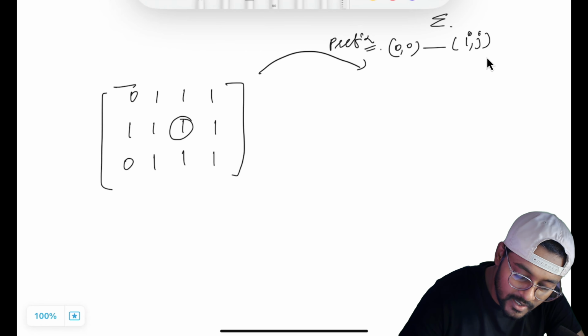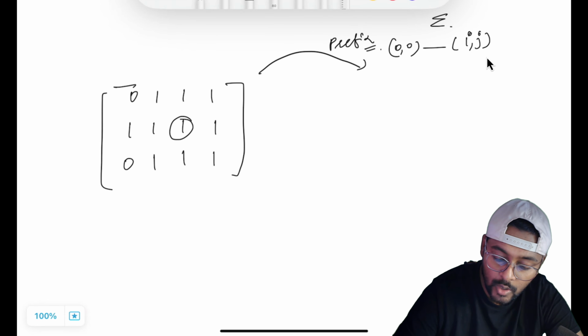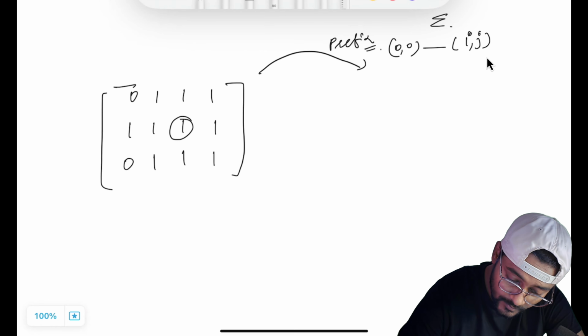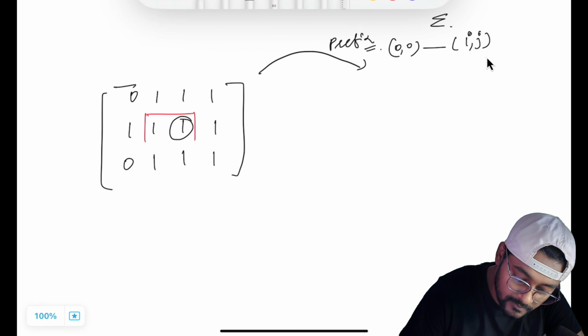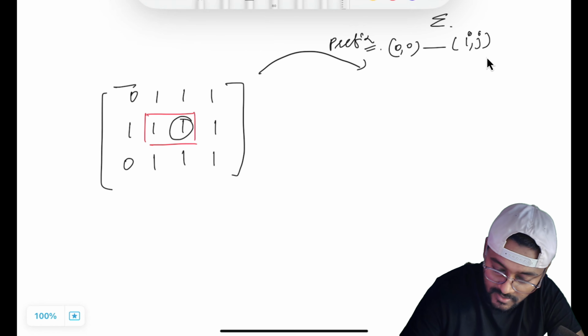So the prefix ending here is the sum of all the items in this block. And how do I check that prefix? Let's say I have to check the prefix of this block.